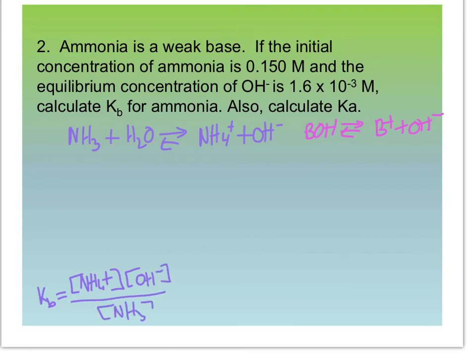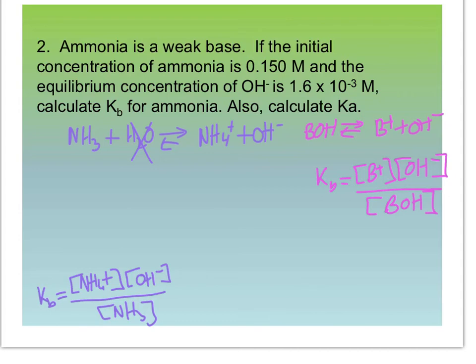Remember, we don't put the water in because it's a liquid. If you were doing it with the BOH, the generic one, you would write your Kb expression as the concentration of the B plus times the concentration of the OH minus over the concentration of the BOH. Again, you don't need to write both. You pick whichever method you prefer.